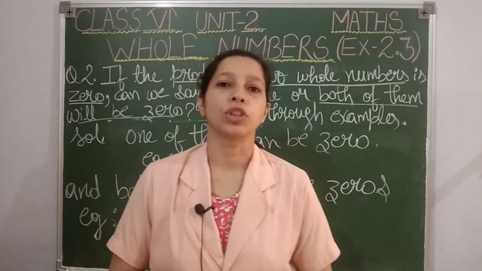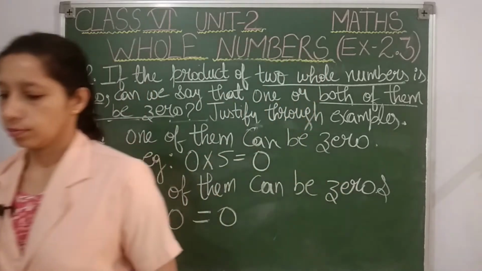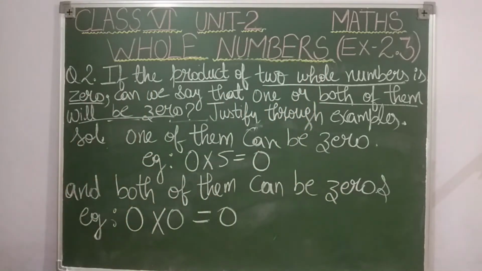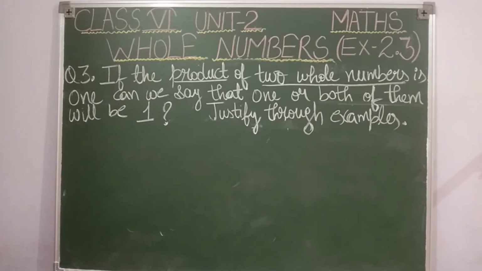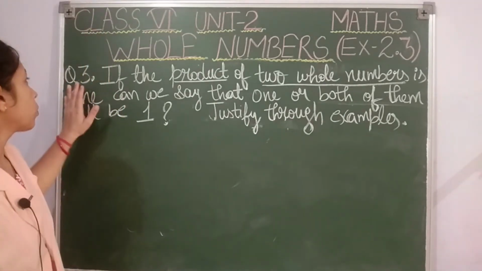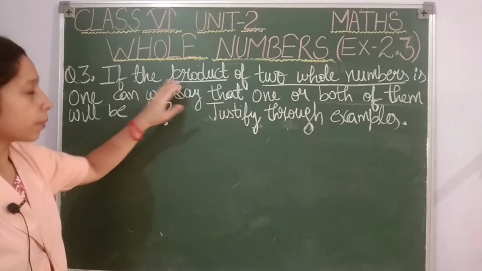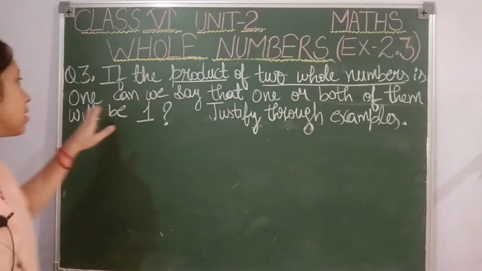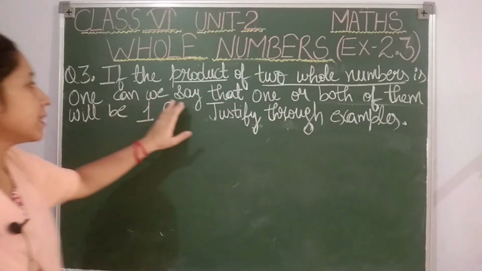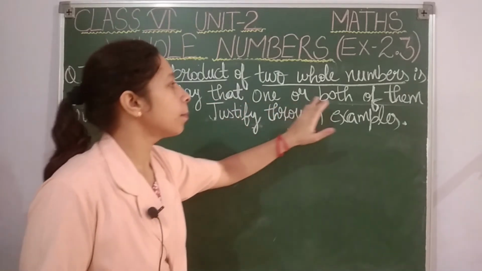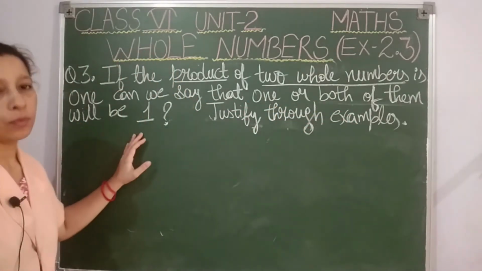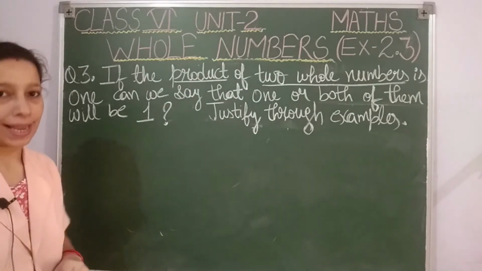Now let us see question number 3. So students, question number 3: if the product of two whole numbers is 1, can we say that one or both of them will be 1? Justify through examples.